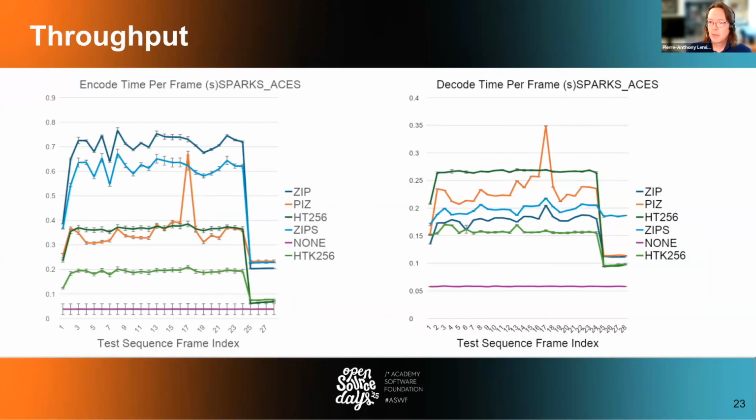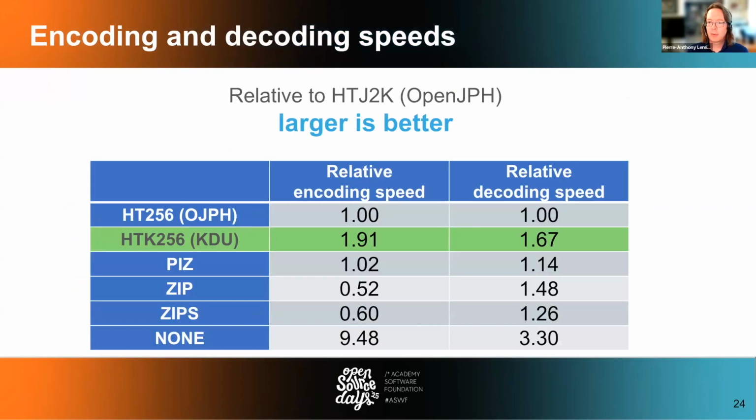Something to notice, which I think is pretty cool, is that for HTJ2K, or J2K in general, the encoding and decoding time is symmetric and also does not depend on the frame itself, compared to PIZ or Zip, which might depend on the complexity of the frame, depending on how much run length you have, and so forth. So HTJ2K is kind of time bounded per frame. I think the next slide summarizes the results.